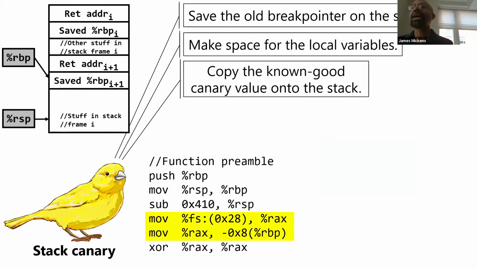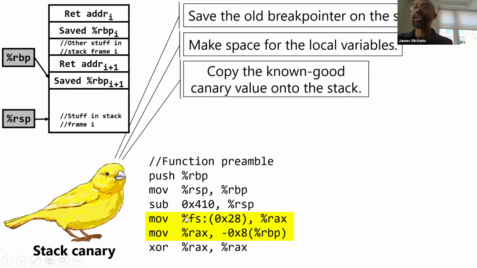But now we're going to copy the known good canary value onto the stack. That's what these incantations highlighted in yellow are. This weird FS 0x28 stuff is using this weird segment register x86 nonsense. Roughly speaking, you can think of this as a base plus offset calculation.